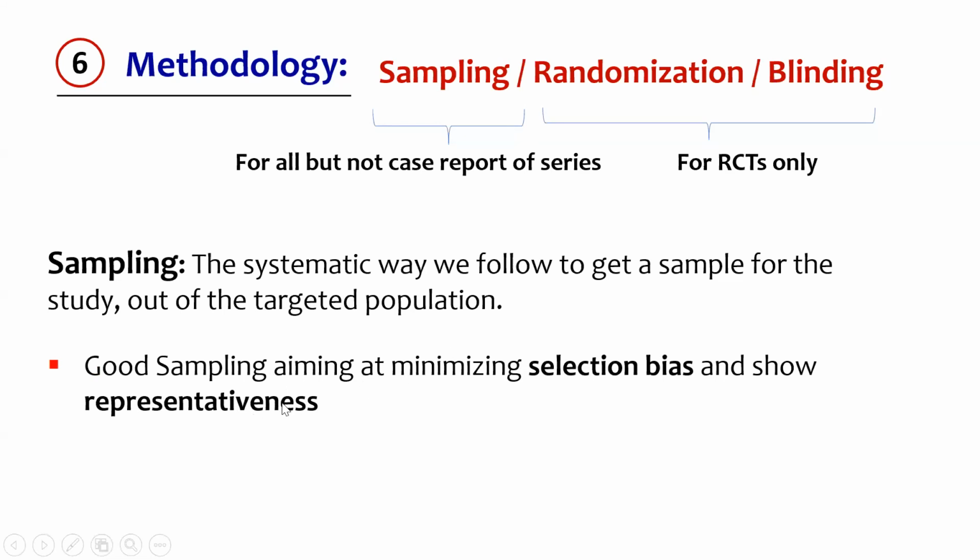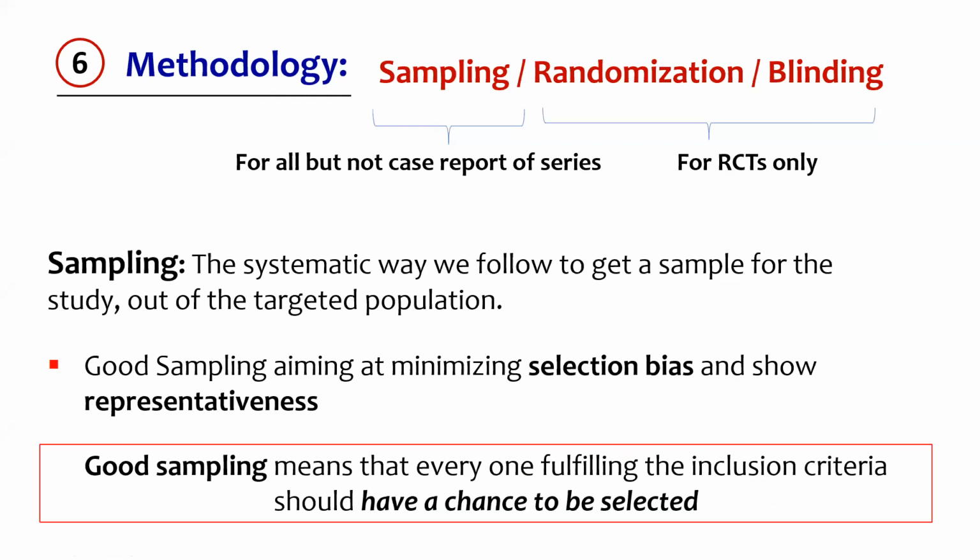Good sampling aims at minimizing selection bias and ensuring representativeness, meaning the sample should be representative of the target population. What does good sampling mean? It means that everyone fulfilling the inclusion criteria should have a chance to be selected.